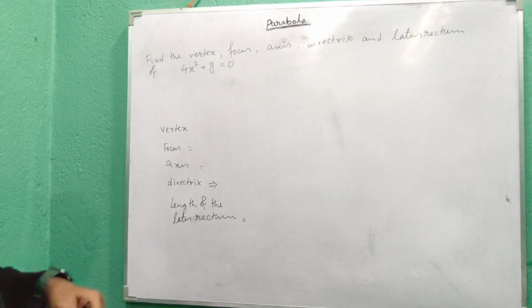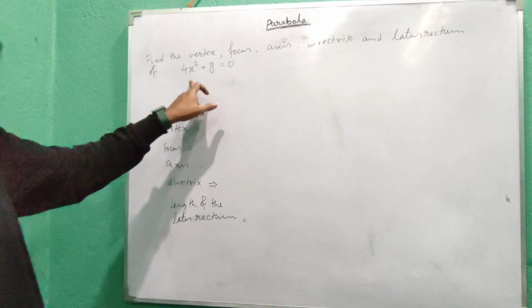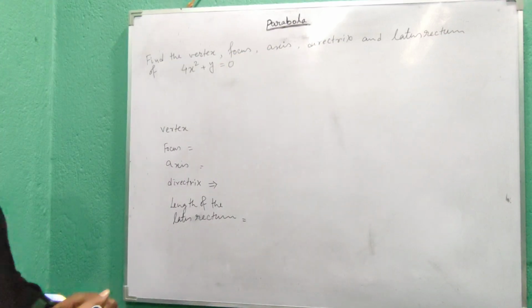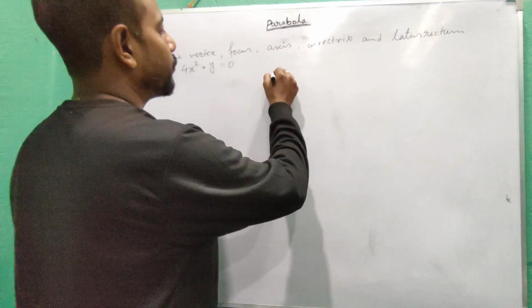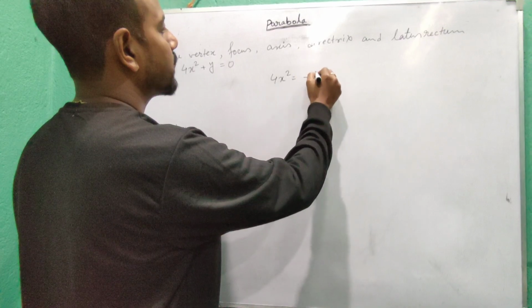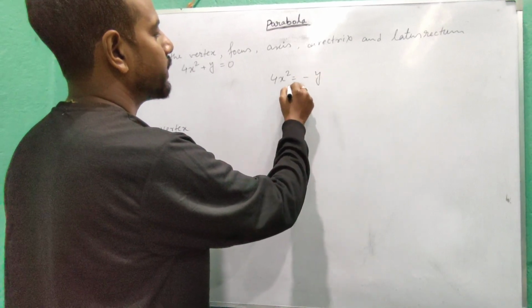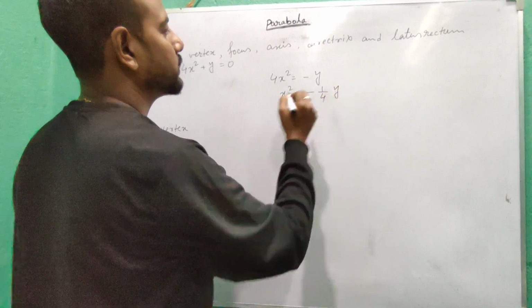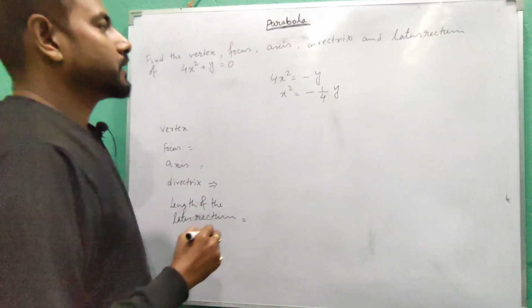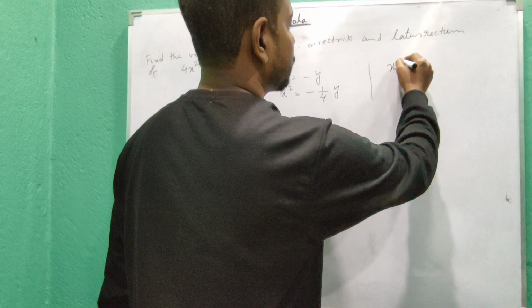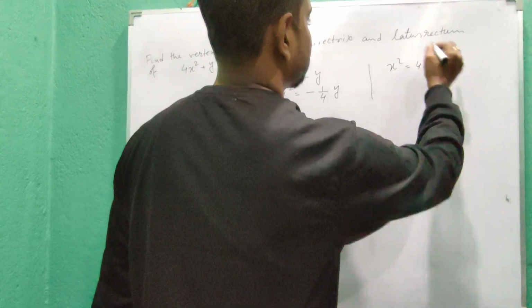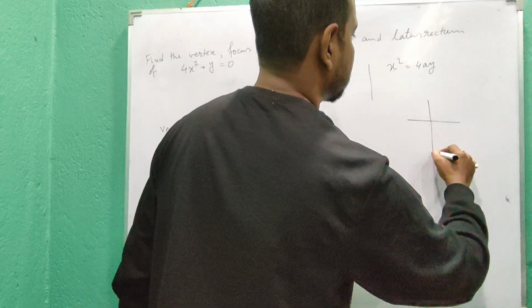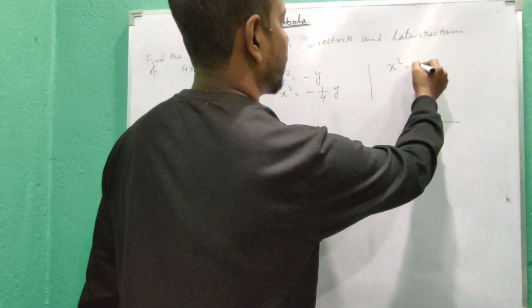Now, see this equation. From this equation, we have to find vertex, focus, axis, directrix and latus rectum. So, 4x square equal to minus y gives x square equal to minus 1 by 4 y. It is in the form x square equal to minus 4ay.